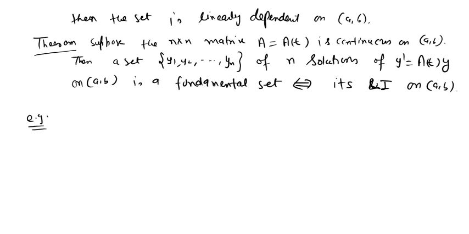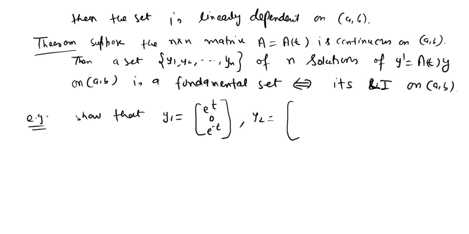Now I am taking one example to show how we can check linear independence of a system. The question is: show that the vector functions, column vectors, y1 = (e^t, 0, e^{-t}), y2 = (0, e^{3t}, 1), and y3, which is e^{2t} and 0, that comes naturally from a 3x3 system.